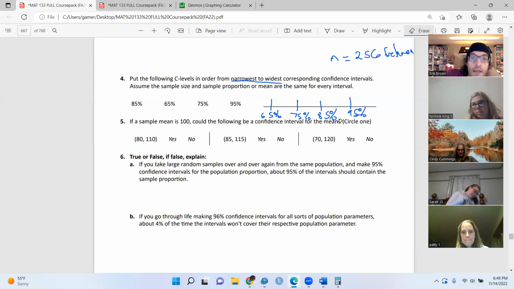Oh, look, here is a sample mean of 100. Which of these confidence intervals, all of them, none of them, could be an interval for that mean? So what does the center of each of these intervals have to be?